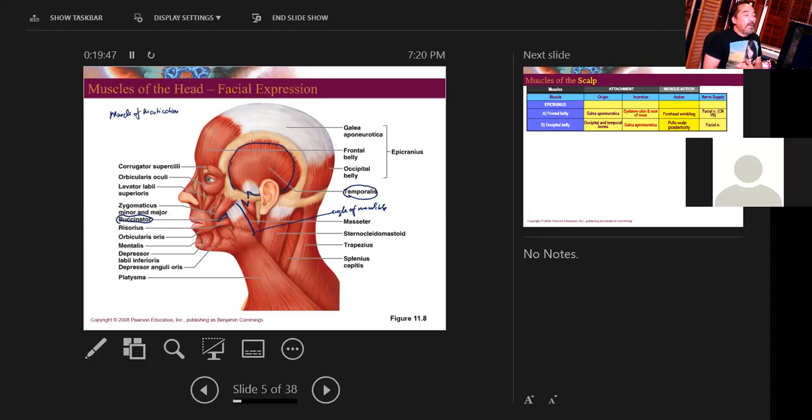The only difference is the muscles of mastication are cranial nerve 5, trigeminal. But the buccinator is cranial nerve 7. So they're actually part of the muscles of the face group. But it's not being used for chewing. It's being used for sucking on a straw, which is for eating, right? So that's just one thing on this picture.